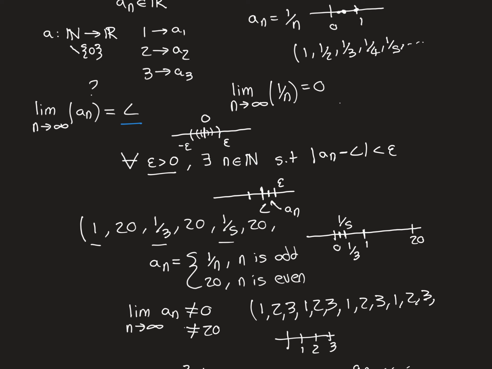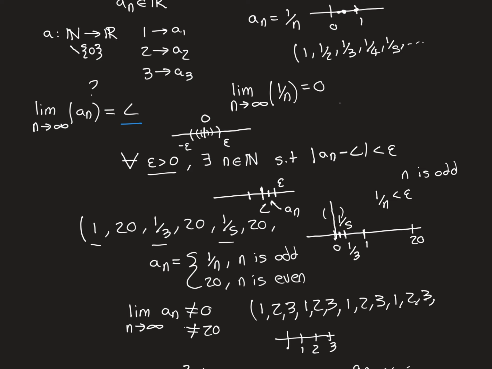Because we've still got these odd terms, they do get indefinitely close to 0. So you give me whatever epsilon you like, however small you like, I can find you a term of this sequence that is within that epsilon ball around 0. As long as epsilon is greater than 0, there will be such a term. So all I need to do is find 1 over n less than epsilon, and we know that n is going to be odd.